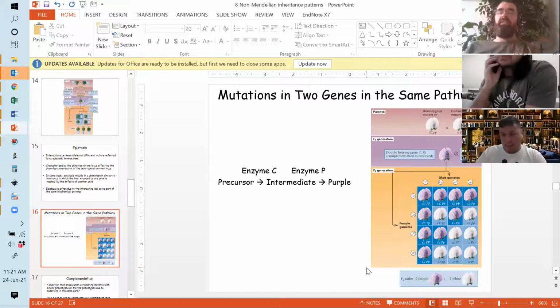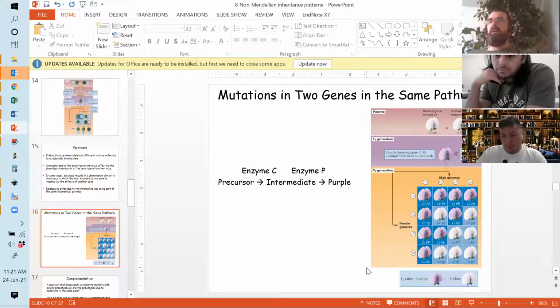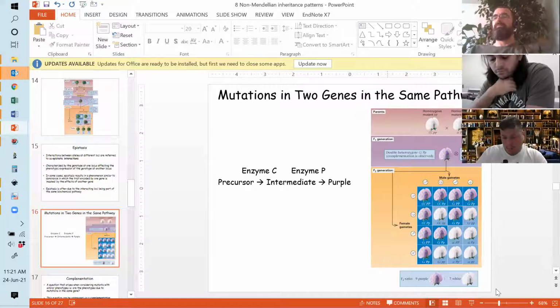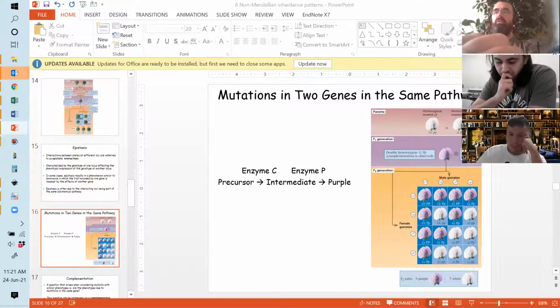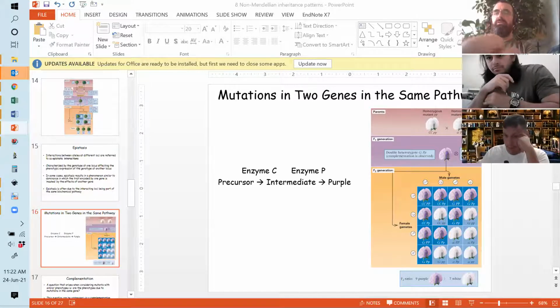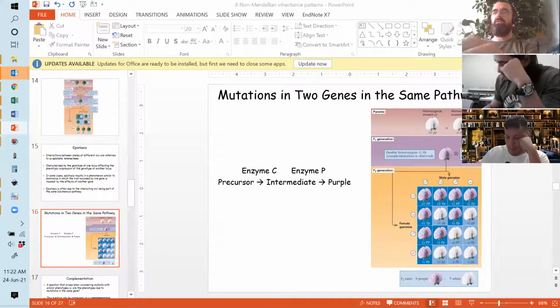But one thing to be very clear of, and this is also something that trips up students: do not confuse epistasis and linkage. Both will produce a funky F2 ratio, but epistasis basically equals a missing phenotype combination.